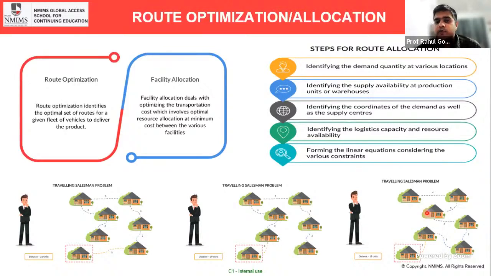So when we talk about route allocation or route optimization, a lot of constraints are there. When you are talking about visiting 100 houses, you are talking about 99 factorial combinations. So how do you identify, system wise, what is the cheapest route, the most economic route, for a particular vehicle or a person to travel? It requires that much computational complexity and computational power, which is not easily available.